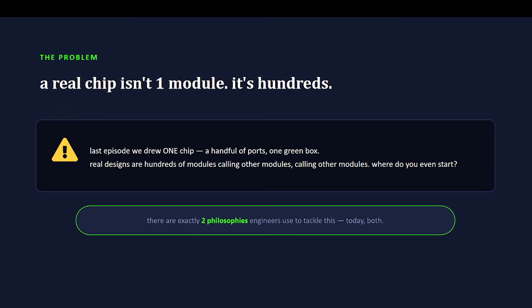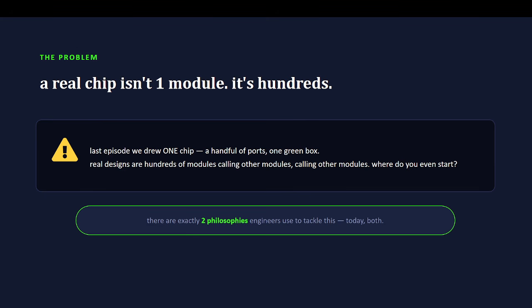Let's actually sit with this problem for a second because it's a real one, not a textbook abstraction. Last lecture's diagram was one chip, a green box, a few input pins, a couple output pins, simple but real.